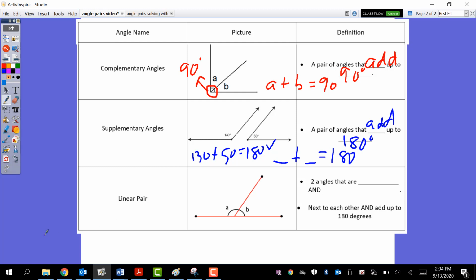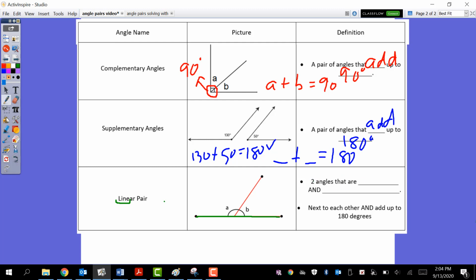And the last kind is a linear pair. If I look at the word linear pair, in the word linear, I see there's the word line in there. I know that there's a linear pair because they're going to make this straight line, because angle A and angle B are next to each other and along the bottom they make a straight line. So here we go.